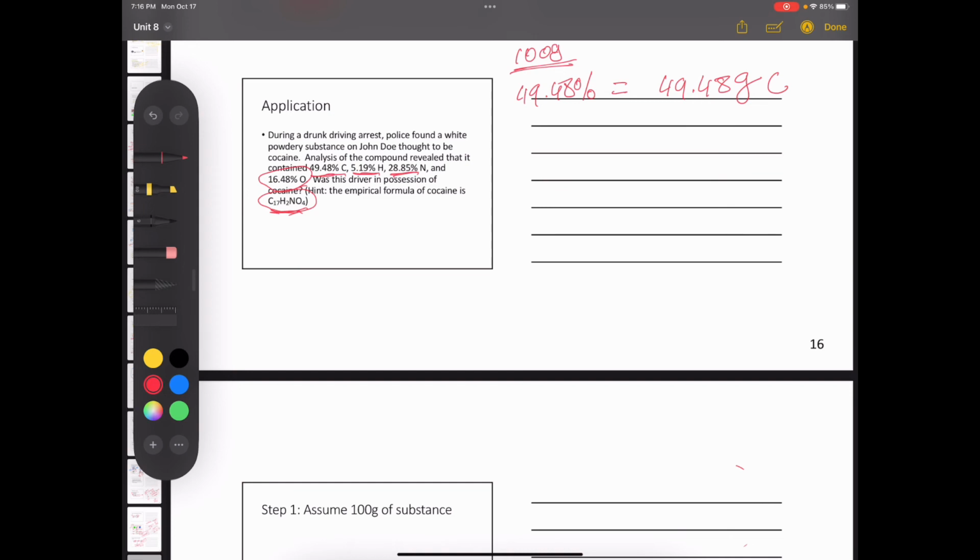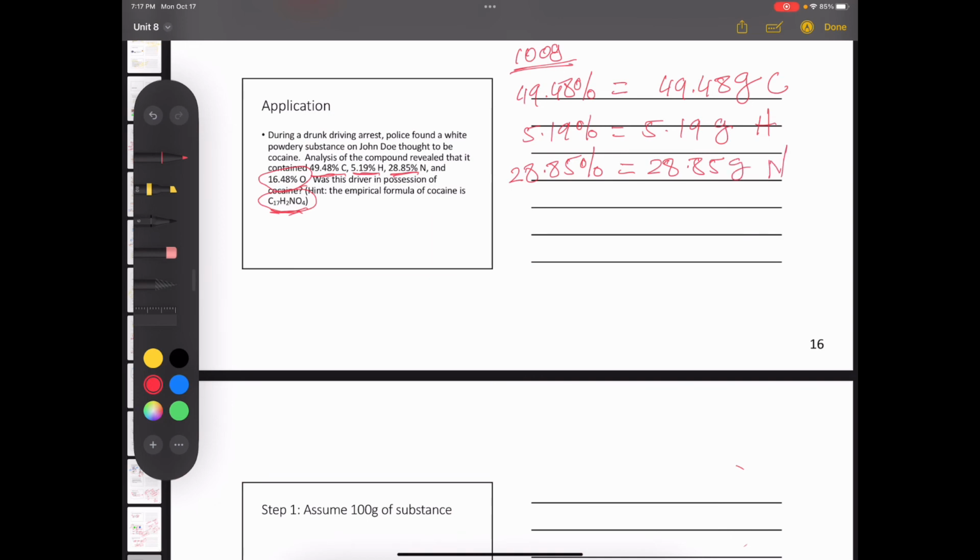That's for the carbon. For the hydrogen, that's 5.19% hydrogen. That means it's 5.19 grams of hydrogen. For the nitrogen, the 28.85% would equal 28.85 grams of nitrogen.